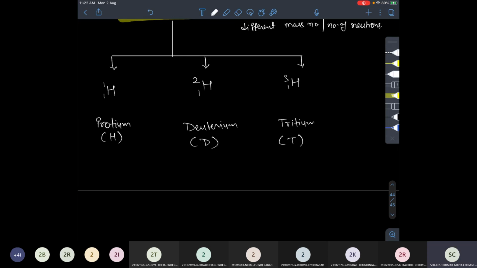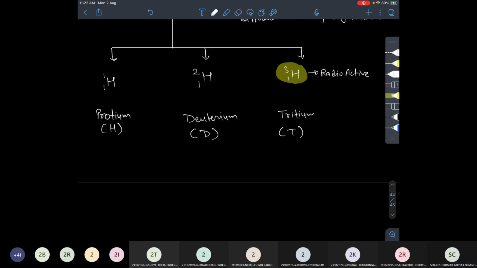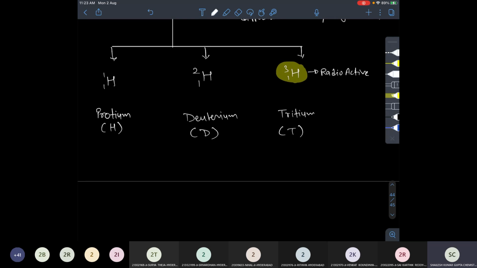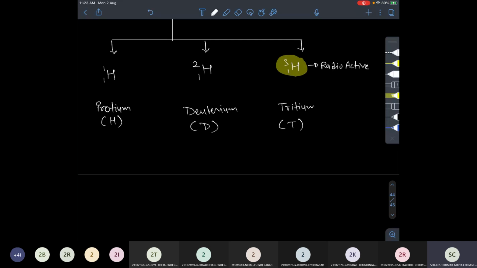Out of these three isotopes, the third one is radioactive. 1H3 is a radioactive species. And if we talk about radioactive species, we have to talk about many things associated with it.